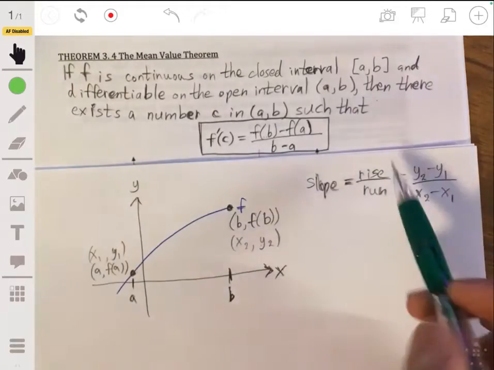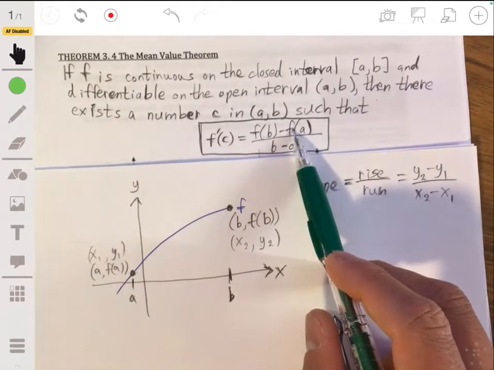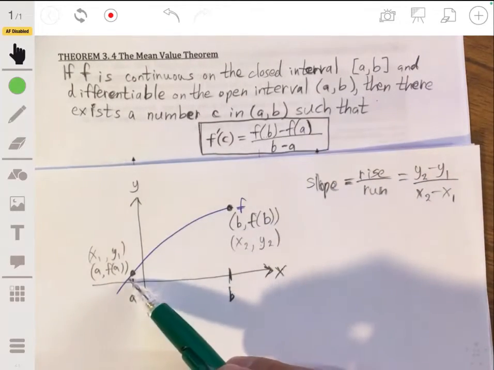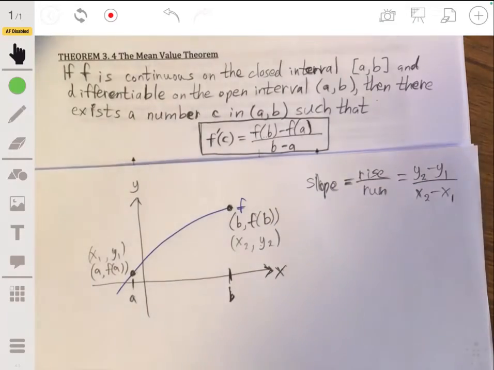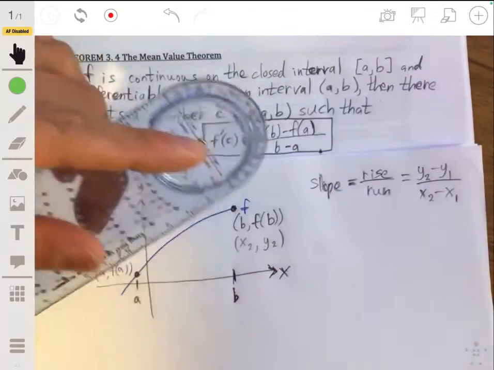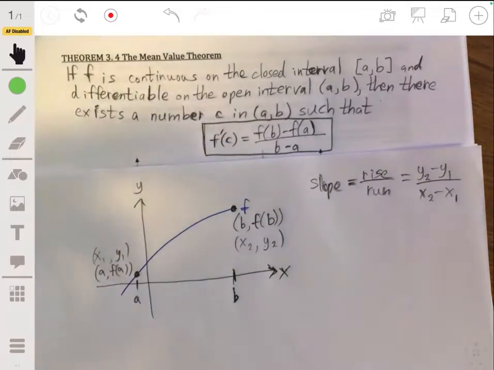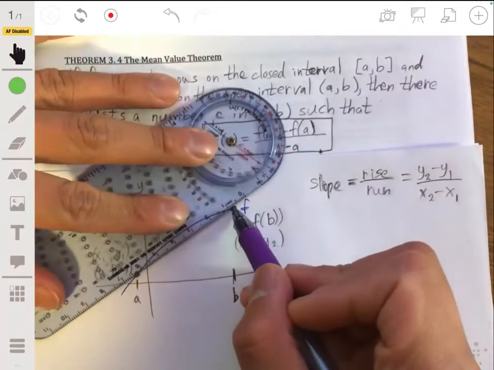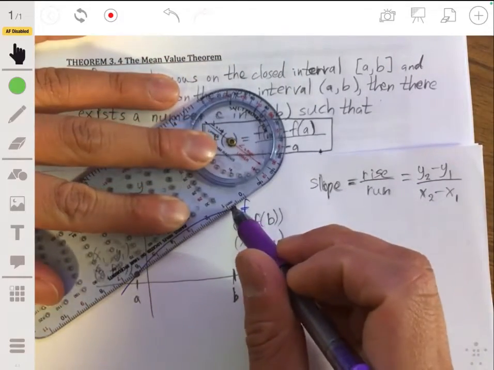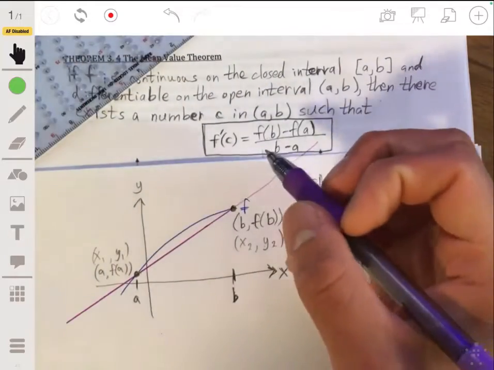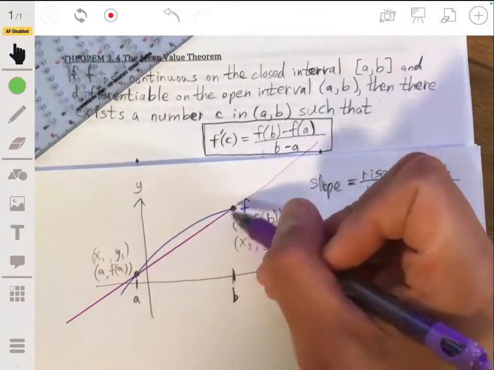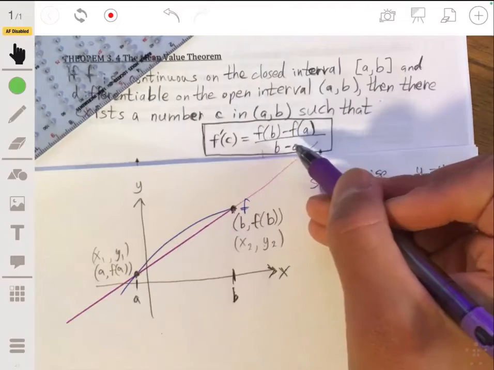So all you're really doing here is calculating the slope between this point and this point. Geometrically, you're basically connecting them, making this line. What you're going to get is the slope of this line here. This is the slope from here to here. That's what this is doing.